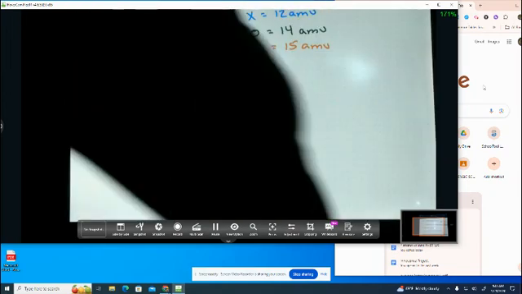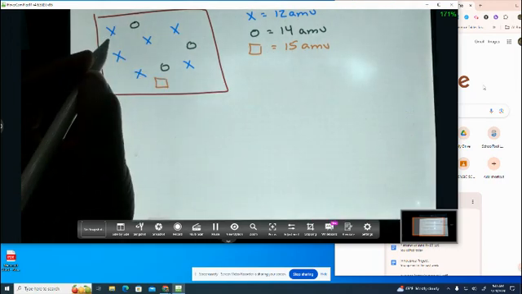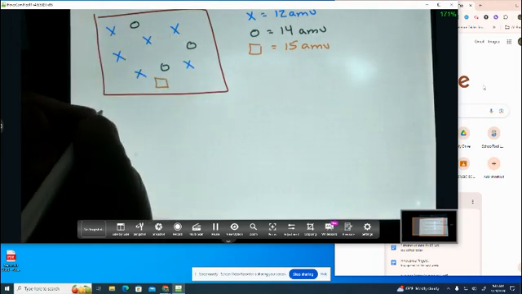Well, let's go ahead. Find the percent of each. Now, I made it easy for us, right? Can you see that I made it easy for us, math-wise? I have 6 of these X's.